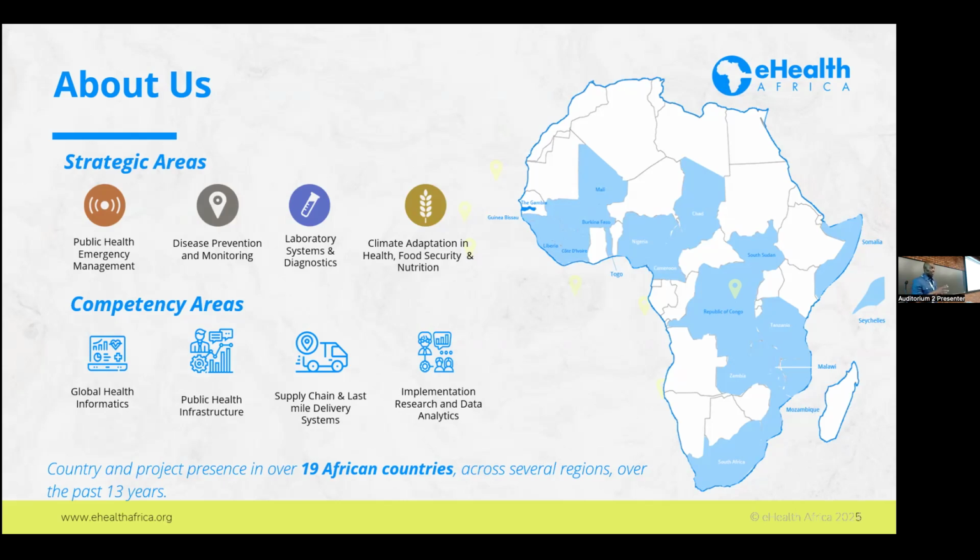We have other thematic areas: public health emergency, disease prevention and monitoring, lab systems, and diagnostics. The climate assessment toolkit keys into the climate adaptation thematic area. It also aligns with our competency area, which is global health informatics.